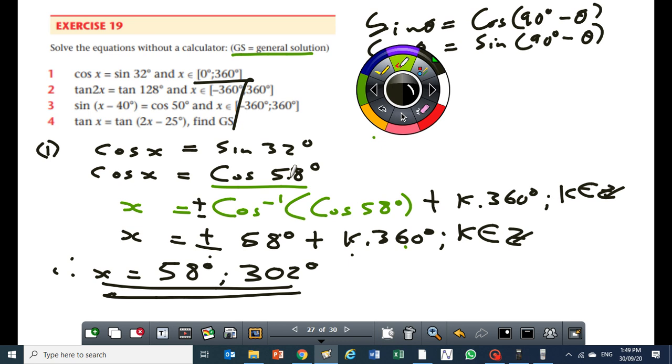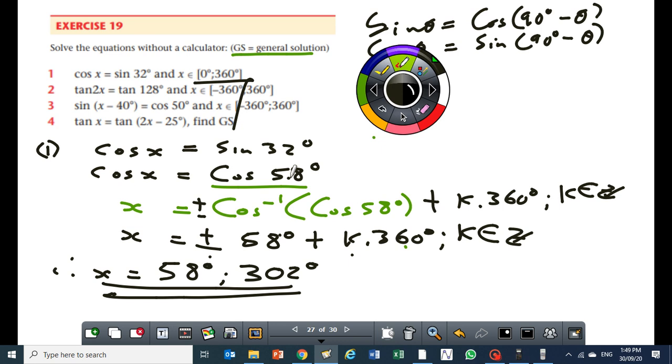And this is your hypotenuse. With reference to 58 degrees, this is your opposite side, and that's your adjacent side. With reference to 32 degrees, this becomes your opposite side, and that becomes the adjacent side. So based on the definition of cos on a right angle triangle, cos 58 cannot be equal to cos 32 degrees because the opposite side and the adjacent change based on the reference angle.